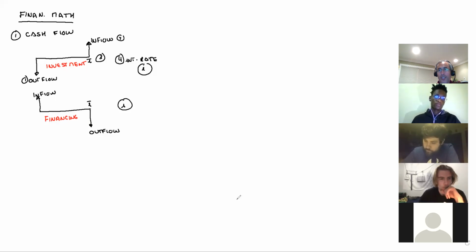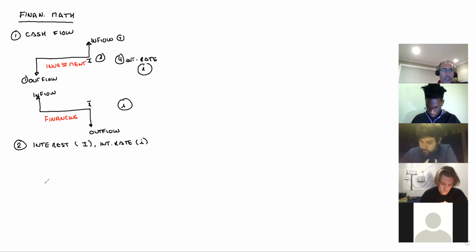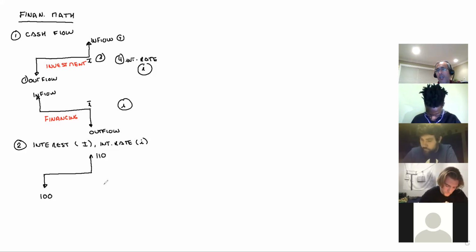Right? Now, the other thing we need to do is interest versus interest rate. So interest I will call I, and interest rate I will call small i. Now imagine, guys, the following cash flow. I have 100 and I have 110.